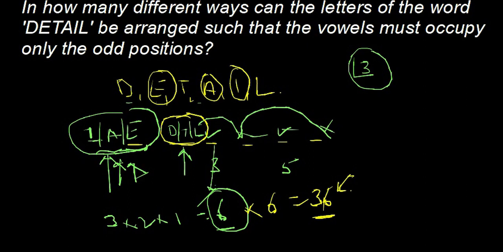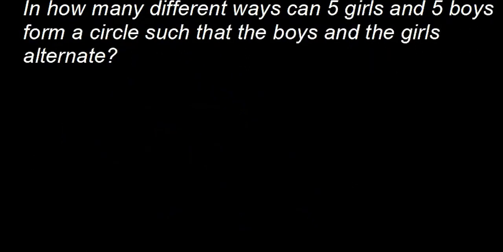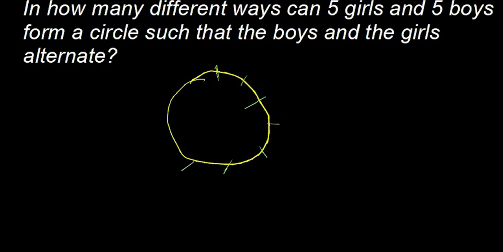Okay, so in how many different ways can 5 girls and 5 boys form a circle such that boys and the girls alternate? Okay, so let's make a circle, and how many people are there? So there are 10 people. So this is 1, 2, 3, 4, 5, 6, 7, 8, 9, and 10.